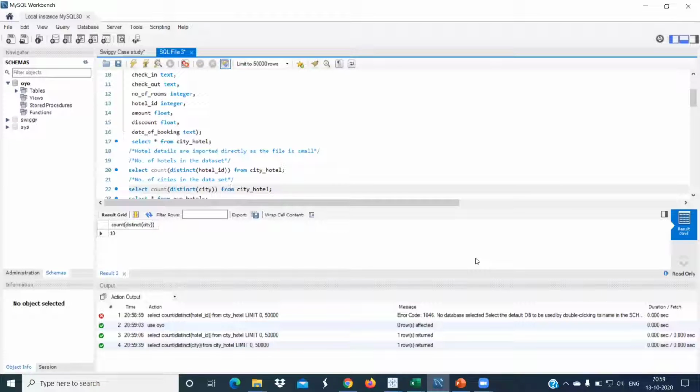So the word distinct is very important. So we can observe how the values differ by removing the word distinct. We can see we are getting a value 357 if we write count of city. So the word distinct is extremely important.